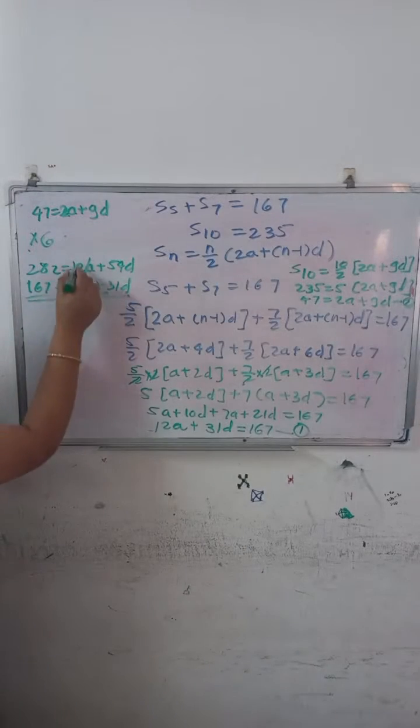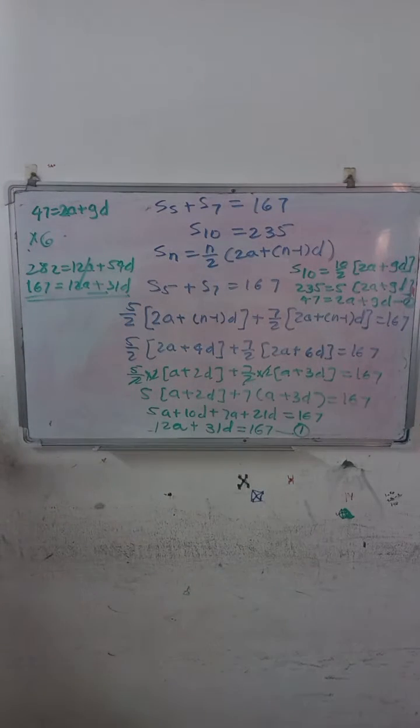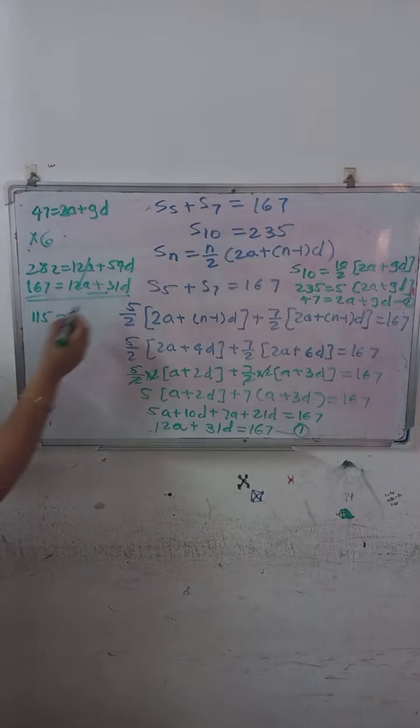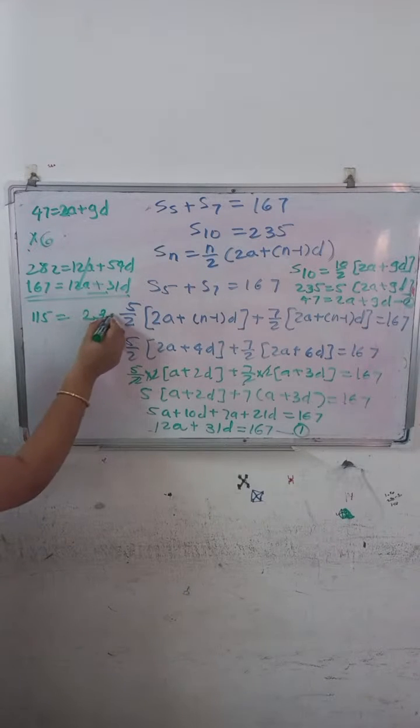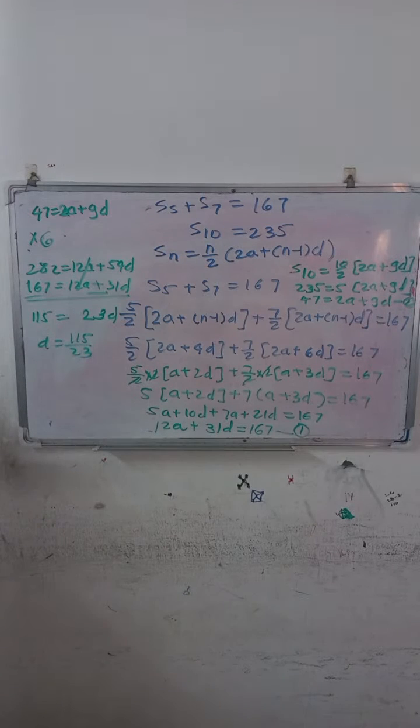Subtracting, these two get cancelled. 282 minus 167, that is 115, is equal to 54 minus 31, that is nothing but 23d. So d is equal to 115 divided by 23, and 23, check, is it 5? So here you will get D as 5.